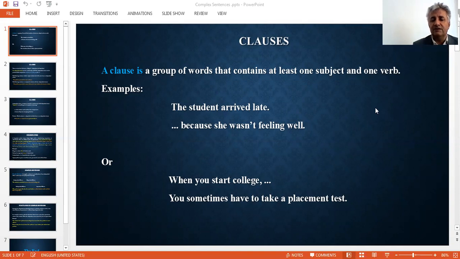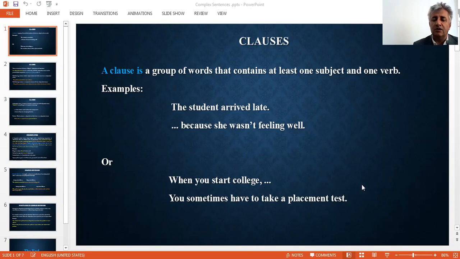You can see that this clause is not a sentence because the idea is not complete. You know that something is missing. The first clause is an independent clause because it stands by itself. But the second one is a dependent one. It needs another clause or sentence to be completed.